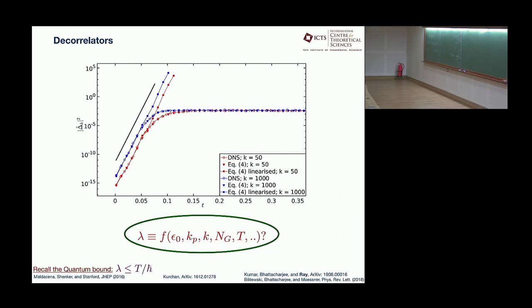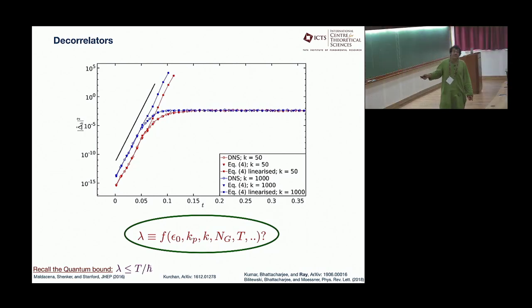So Dheeraj used various fancy techniques such as local slopes, etc., to calculate lambda. And the question that one asks is, what does lambda depend on? Does it depend on the perturbation wave number, the wave number at which you measure the decorrelation? Does it depend on the number of degrees of freedom that you have? Because this is an old chaos question, right? I mean, how does the degree of chaos scale with system size? And does it depend on temperature?